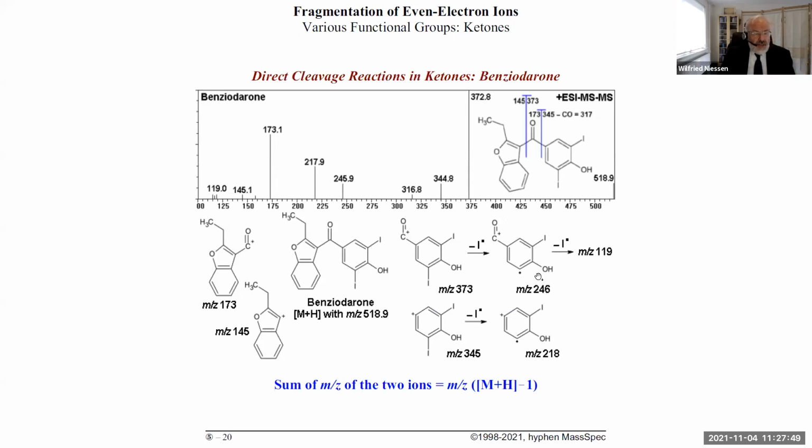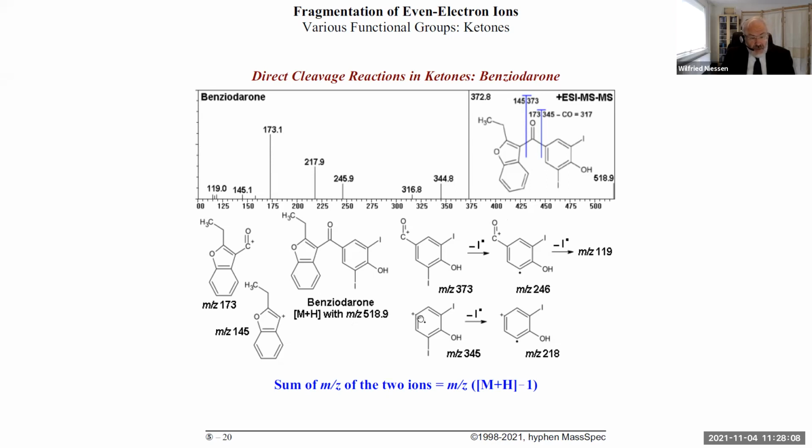Another example which we studied earlier is the fragmentation of the benzodiazepine. We basically looked at 4 fragments due to cleavages on either side of the carbonyl and charge retention on either side.